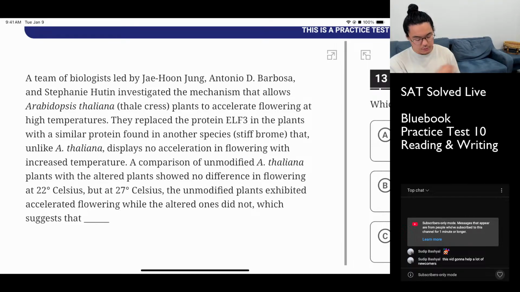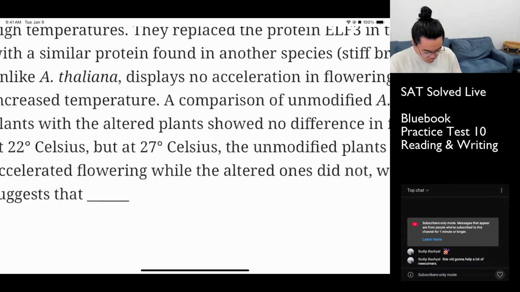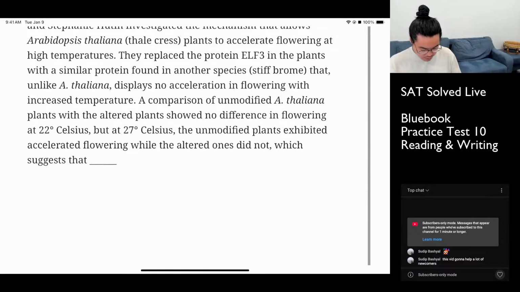And they replaced it with a similar protein from a sort of dud species that doesn't accelerate. Okay. So an unmodified A. thaliana has the ELF3, and the altered A. thaliana doesn't have the ELF3.